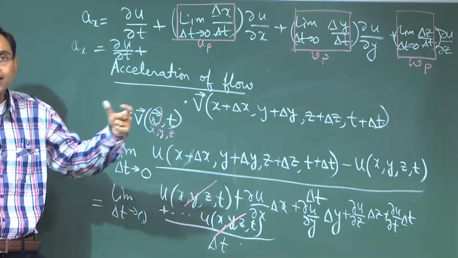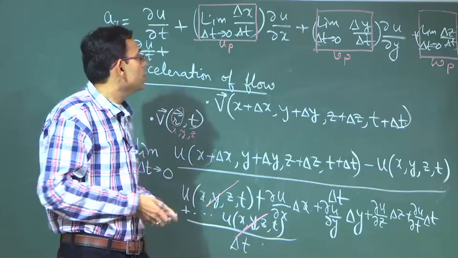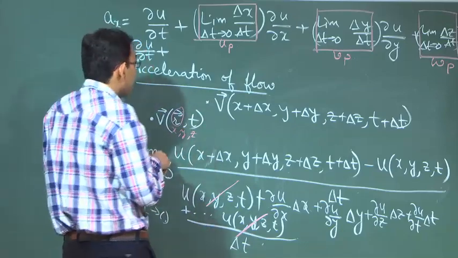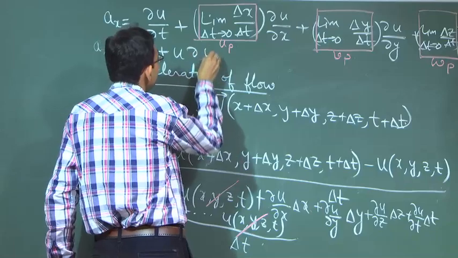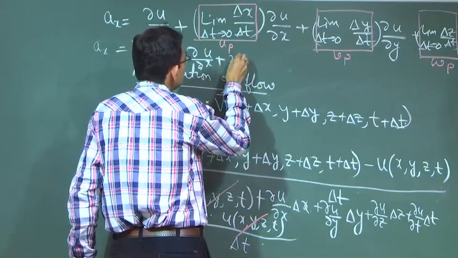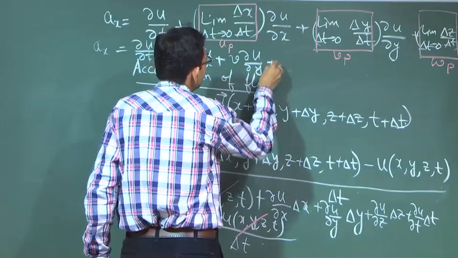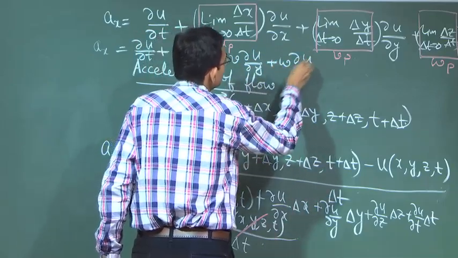So, the Eulerian and Lagrangian descriptions are merging. Okay. So that means u_p becomes u, v_p becomes v, and w_p becomes w.